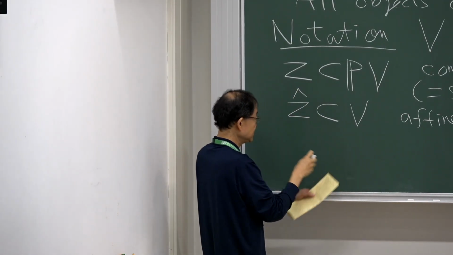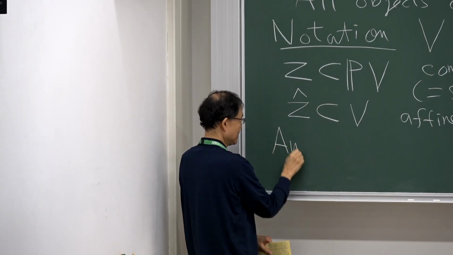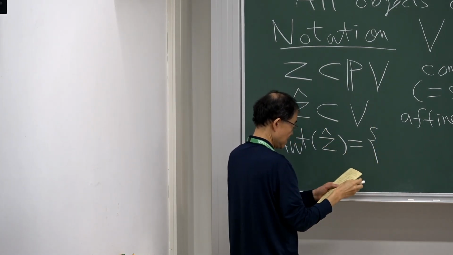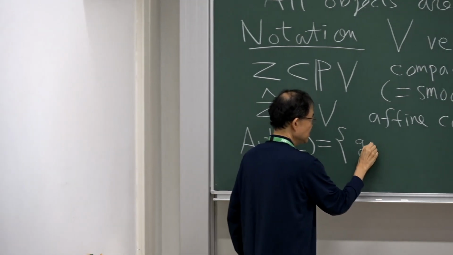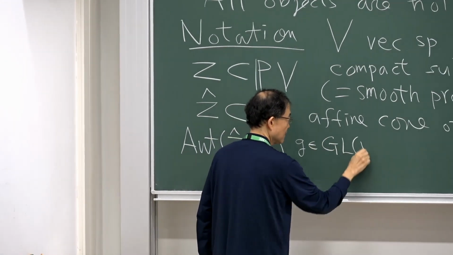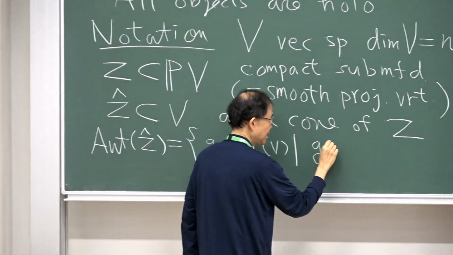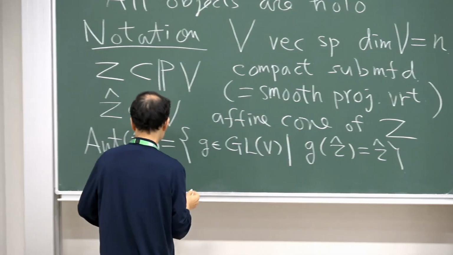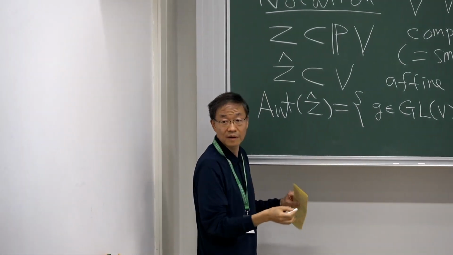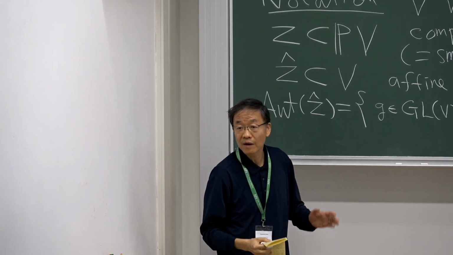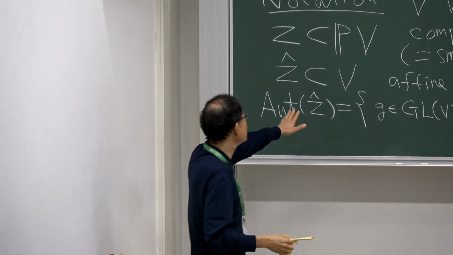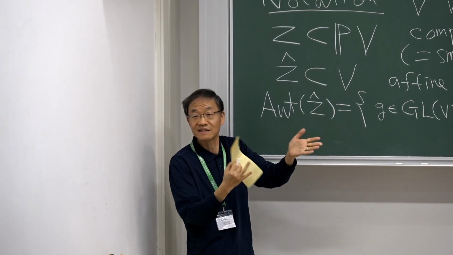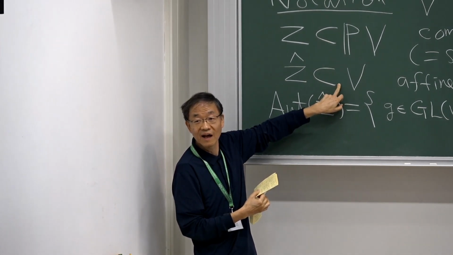And then I will use this notation, Aut Z hat. This just means linear transformations that preserve Z hat. Could you define an affine cone? Affine cone means any object in projective space is lines in the vector space.